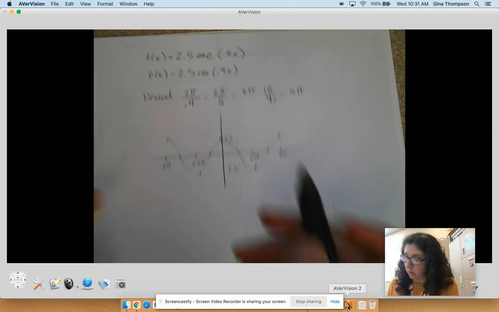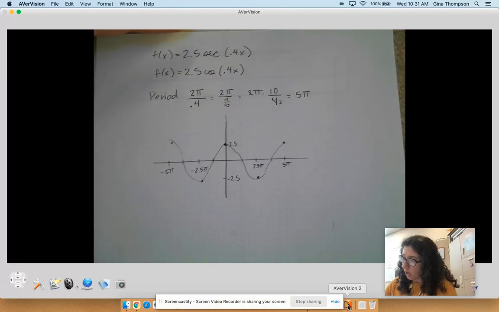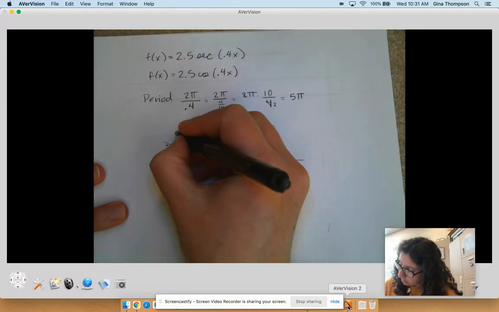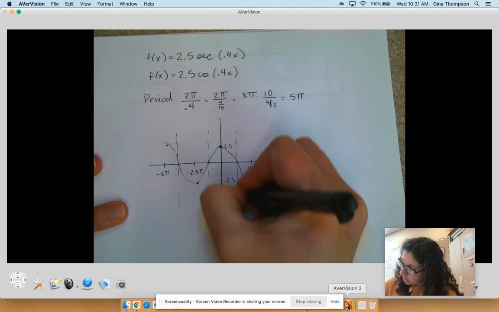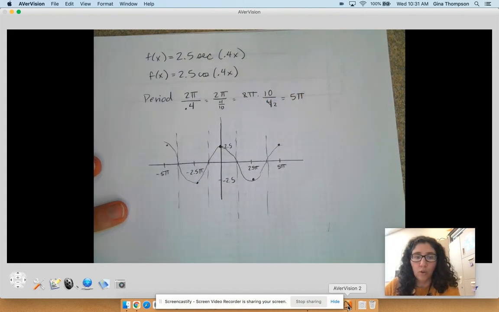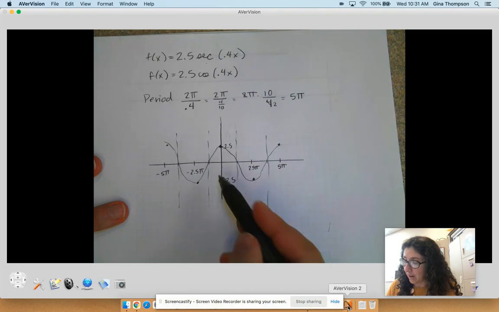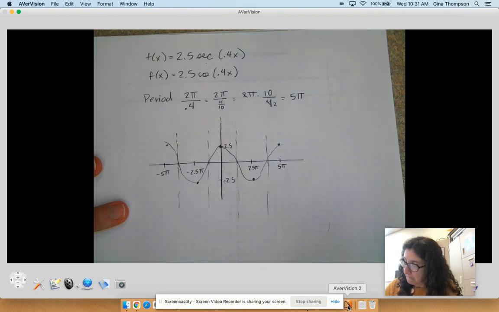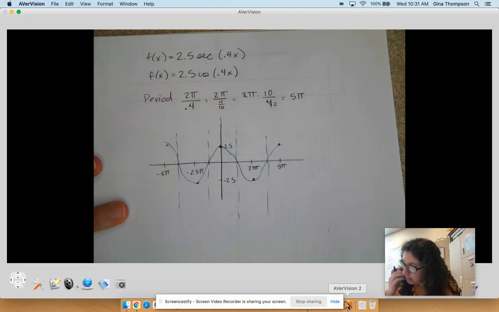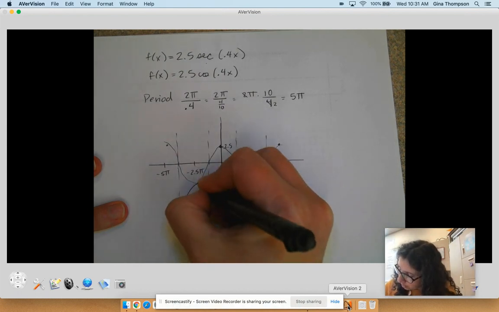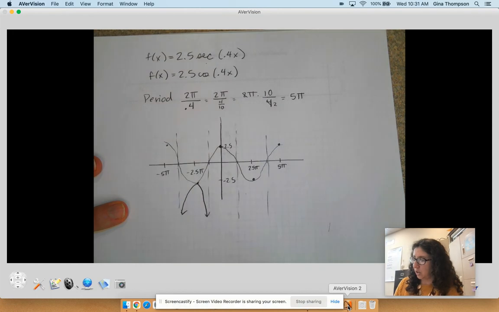Now we look everywhere cosine is 0, and we draw little vertical asymptotes, because for secant, that's where we'd be dividing by 0. And now we say, between these two vertical asymptotes, here's a min value, so my secant is going to look like that.